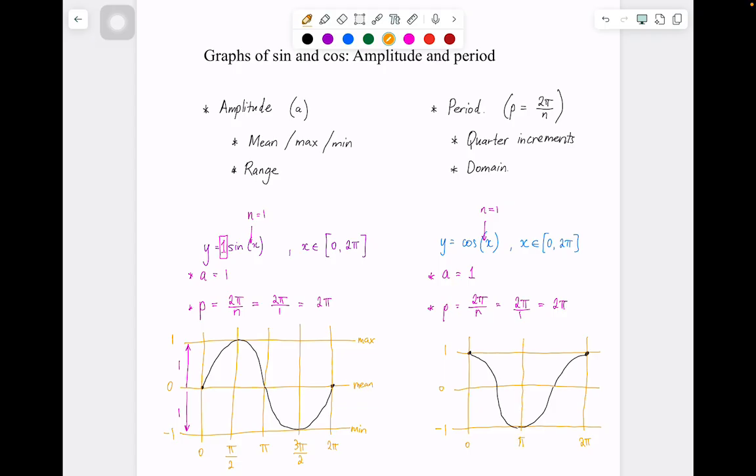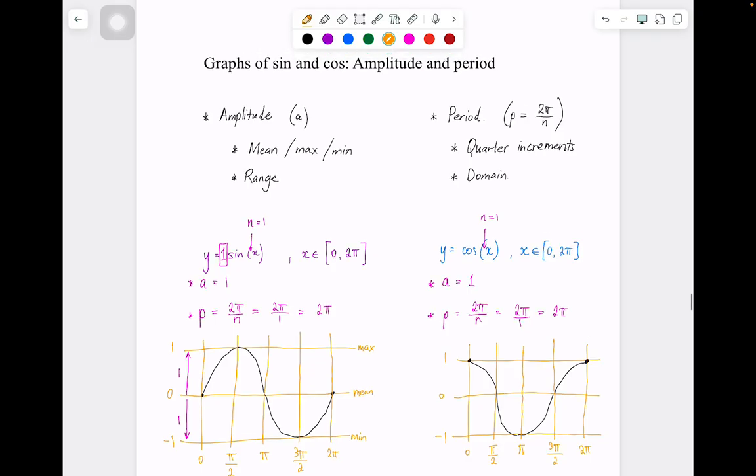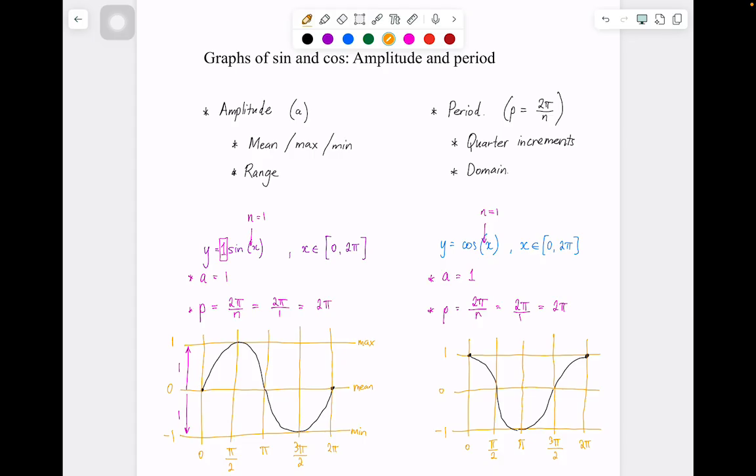And our minimum line will also go down by 1 as well to negative 1. Our graph for cos usually starts at the top by default. Then we will go down to the mean line, down to the minimum line, back up to the mean line, and back up to the maximum to come full circle.